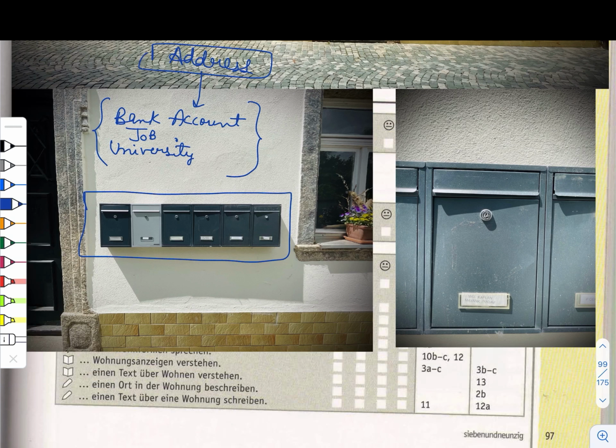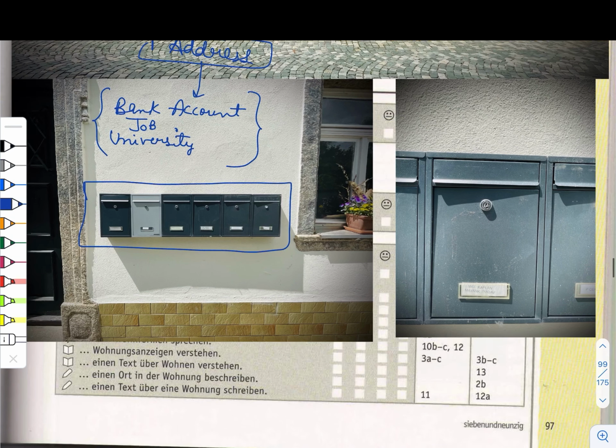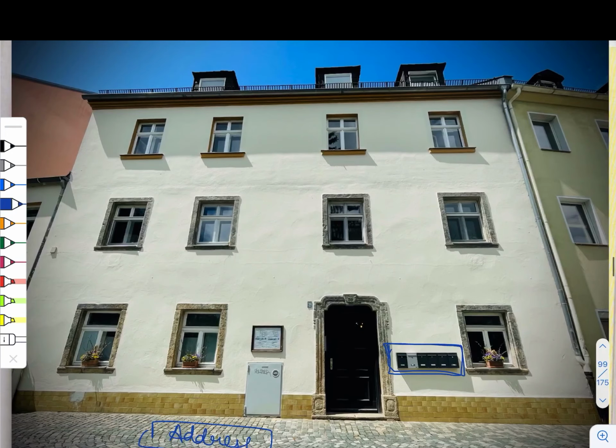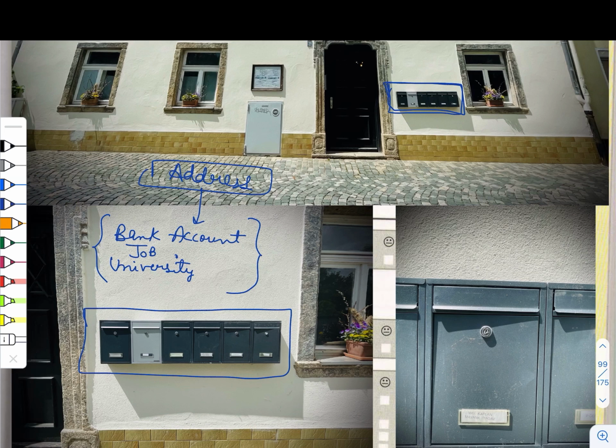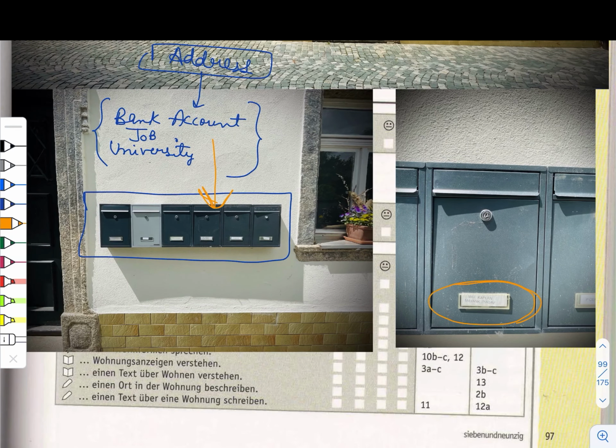Okay, for example, I open a block account or bank account. So whatever documents are required, they will send me. Or for example, I am in university and the university wants to send me some documents. So where will they send me? I should have a proper address. So for example, I live here and whatever the address is, I will give to the university. Then the university will send me my post here, where my name is.